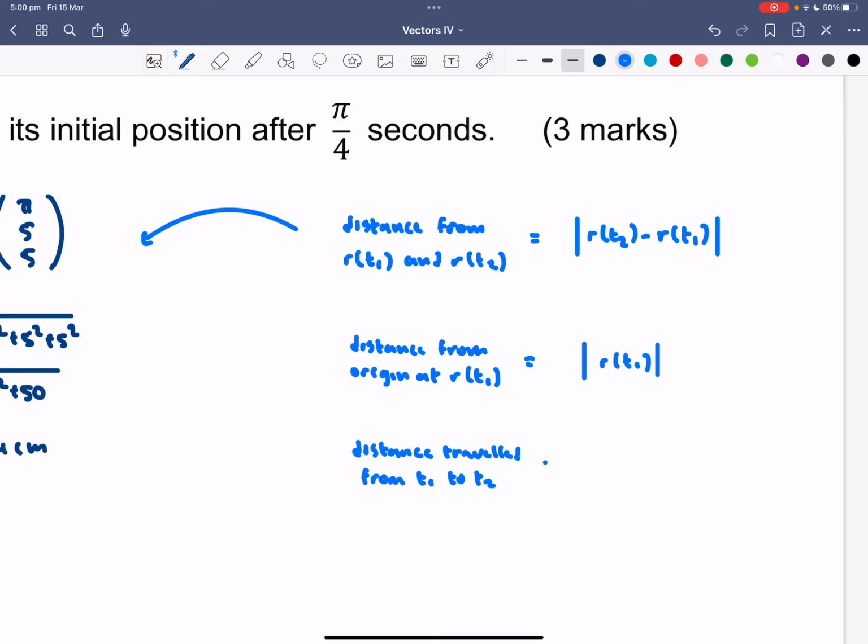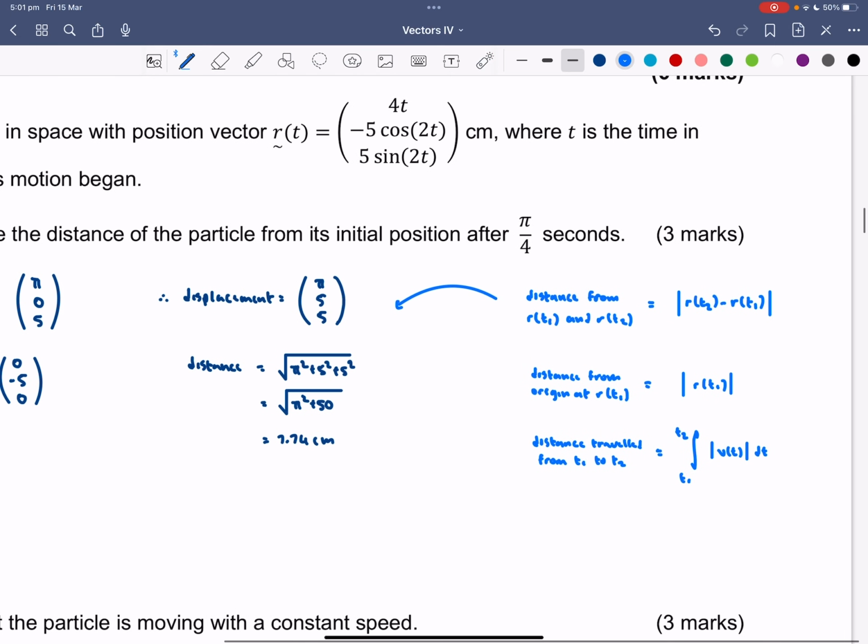What you do is integrate the speed, which is the magnitude of the velocity vector, from T1 to T2. I'm sure that's going to come up at some point, but these are the three distance formulas we need to know: the distance between two points, the distance from the origin, or the distance actually traveled from T1 to T2.